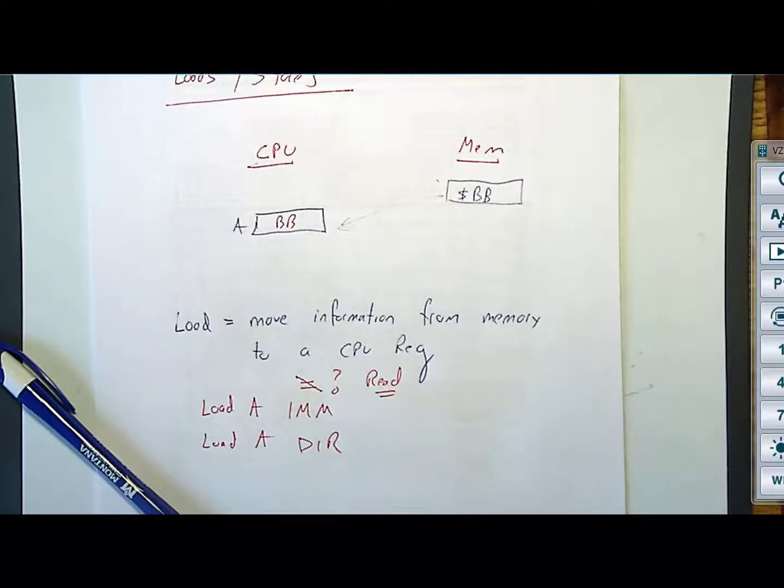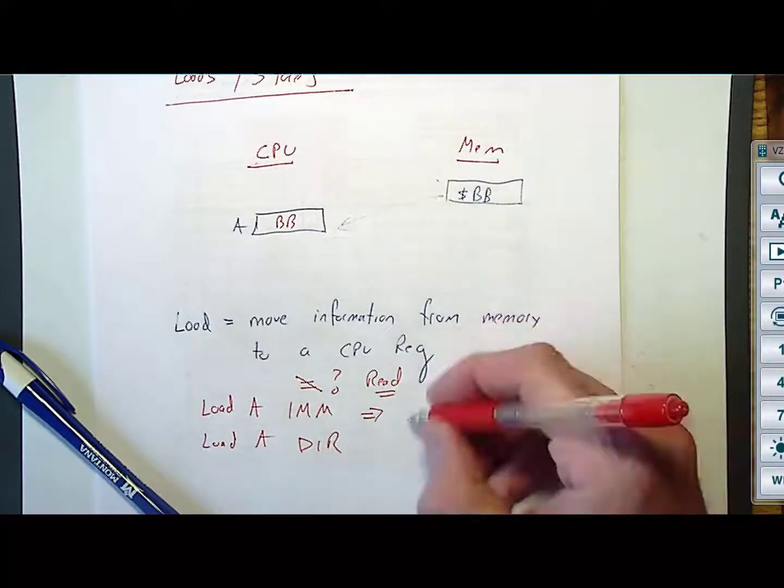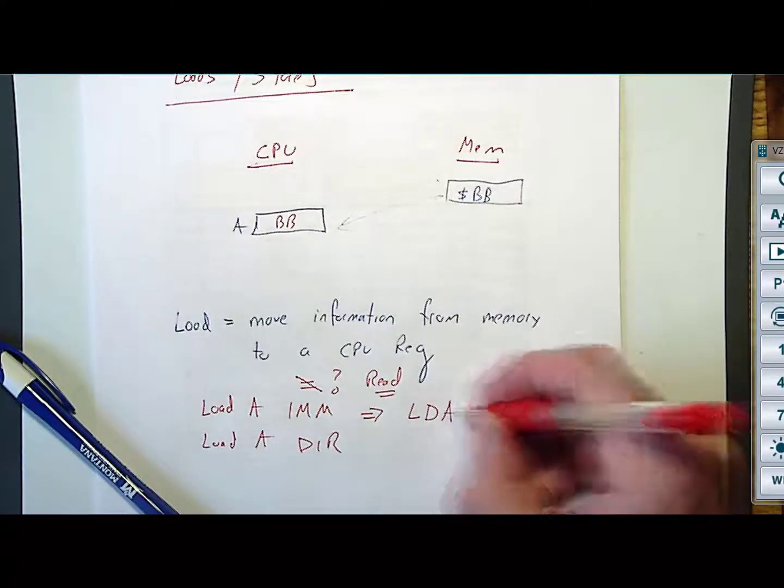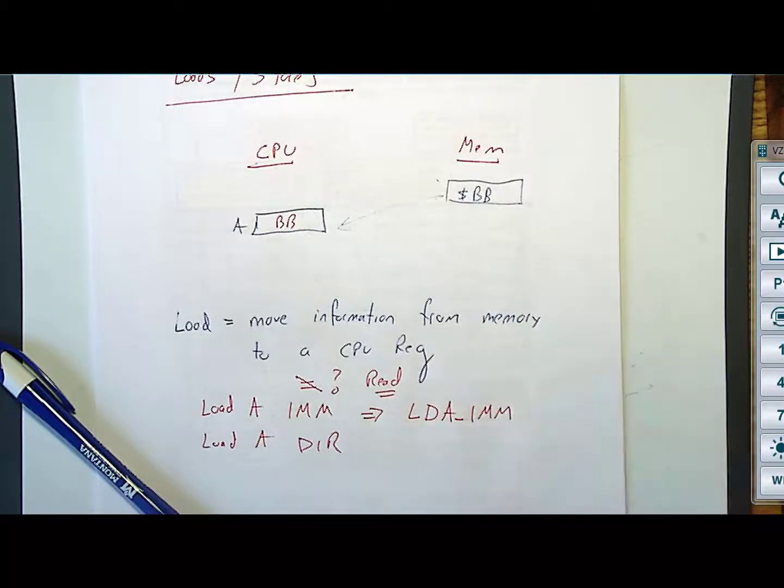Here is what I might propose to you. Let's make a mnemonic for this load immediate into A called LDA underscore IMM. Is that okay? That's pretty descriptive. LD, load, A, underscore immediate. Okay? Now, when I do that though, am I done?